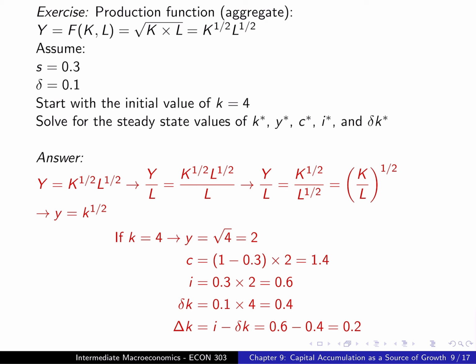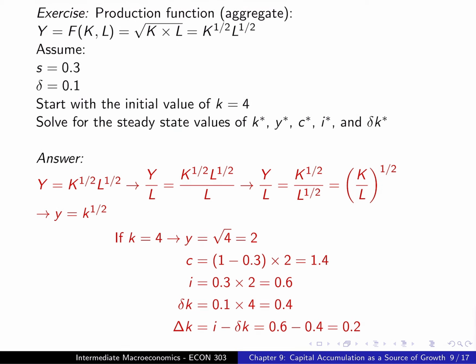We are also given an initial value of capital per worker k equals 4. The question asks to solve for the steady state values of k*, y*, c*, i*, and δk*.